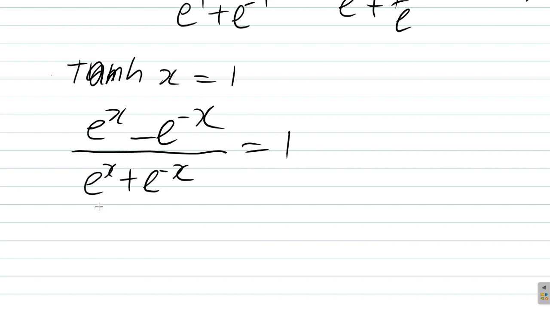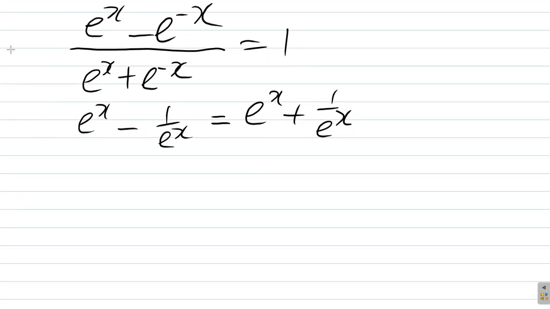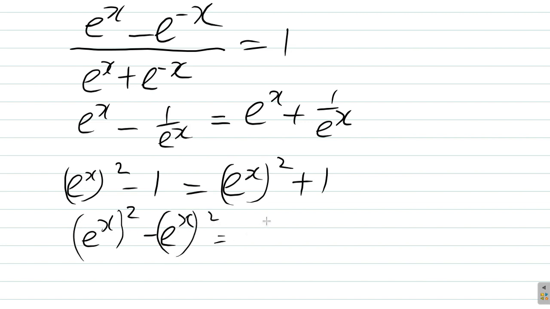Let's see something. e to the x minus 1 over e to the x equals 1 multiplied by e to the x plus 1 over e to the x. We multiply by e to the x, we get e to the x all squared minus 1 is equal to e to the x all squared plus 1. Subtract e to the x squared from both sides: 0 is equal to 1 minus 1, 0 is 0.